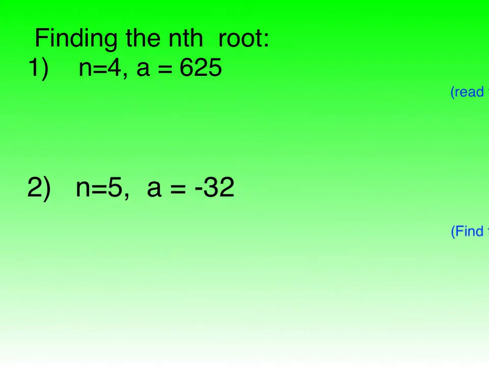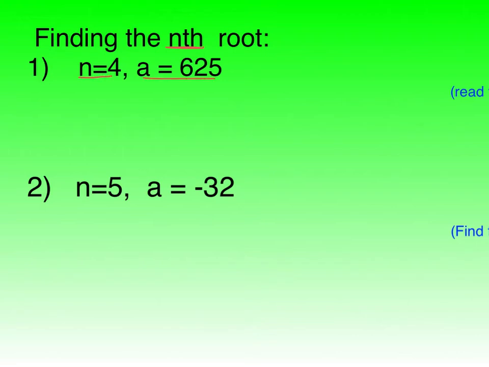Now, I just want you to see this. Here's another example you're going to see today. The book doesn't give you a very good description of these kinds of problems, so I want to show you them. It asks for the nth root. Notice they give you n equals 4 and a equals 625.